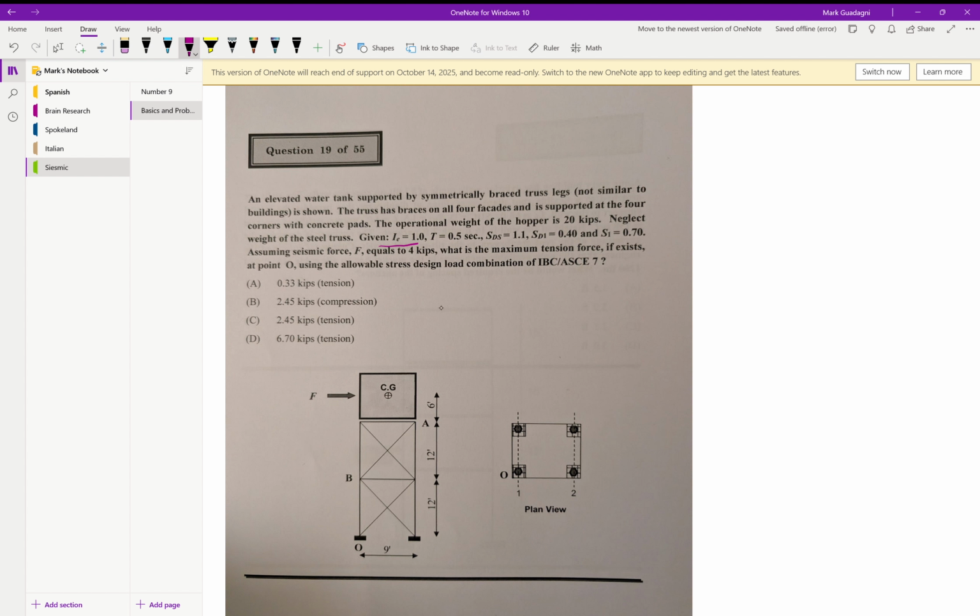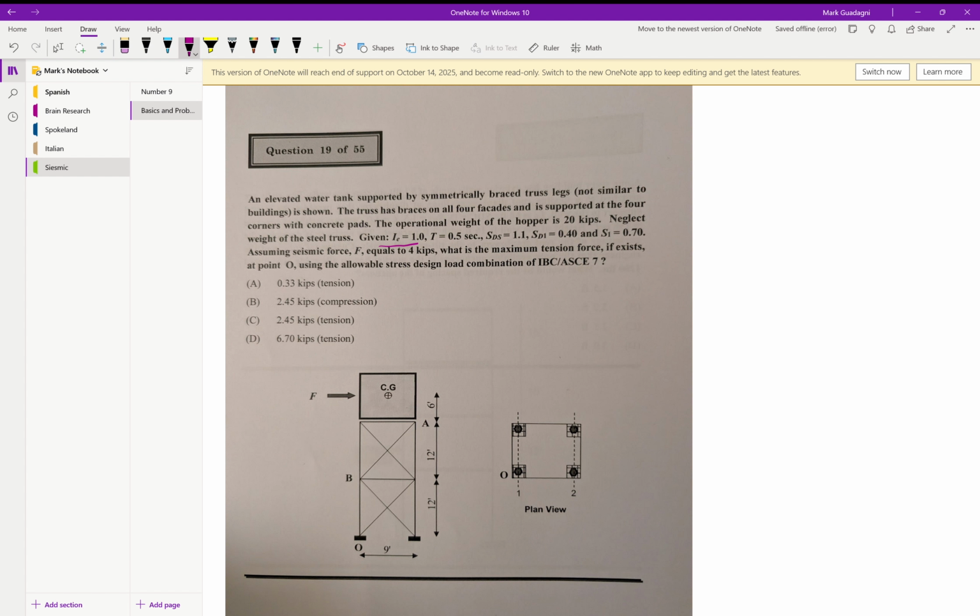So they've even given us the seismic force. What we'll have to do is find a maximum tension force at point O.